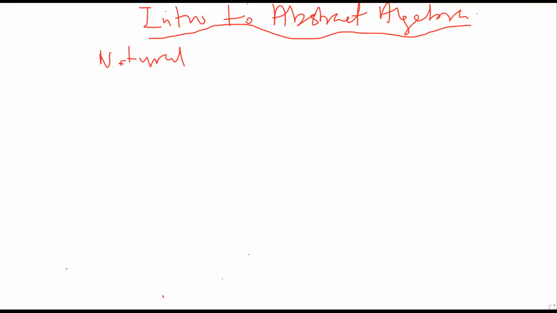Okay, so we've spoken about the natural numbers, and we said that the natural numbers are 1, 2, 3 out to infinity.